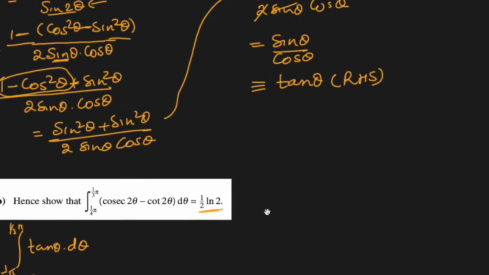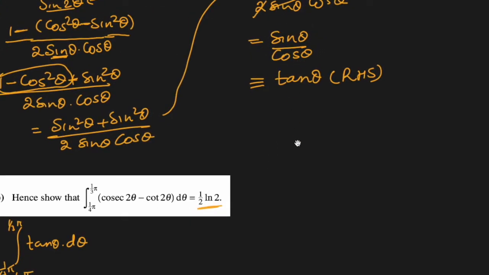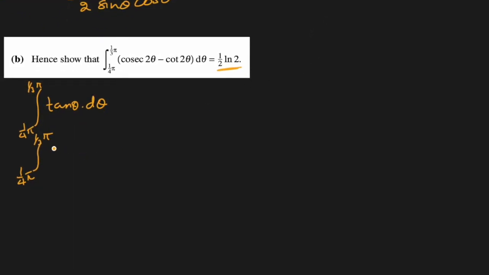So we can't find the integration of tan θ straightforwardly. So what will we do? We'll do this, π/4 to π/3, and the stage before tan θ in our previous part, look, was sin θ over cos θ. That's what we are going to substitute this with.